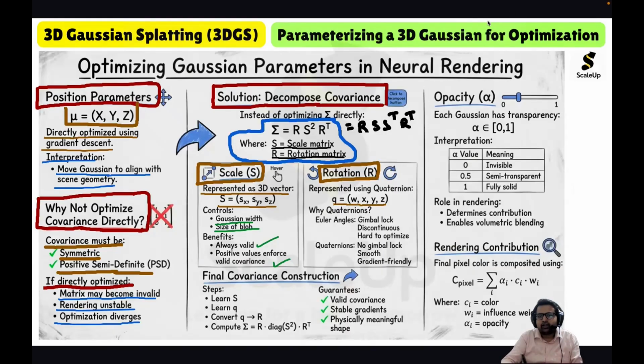And why is it so? Let us understand. With Euler angles, the problem is gimbal lock and discontinuity. This discontinuity is a very big problem, and it is hard to optimize since it can be discontinuous. But quaternions have no gimbal lock, they are smooth, and hence gradient friendly. We have to have it gradient friendly because we will be optimizing it.